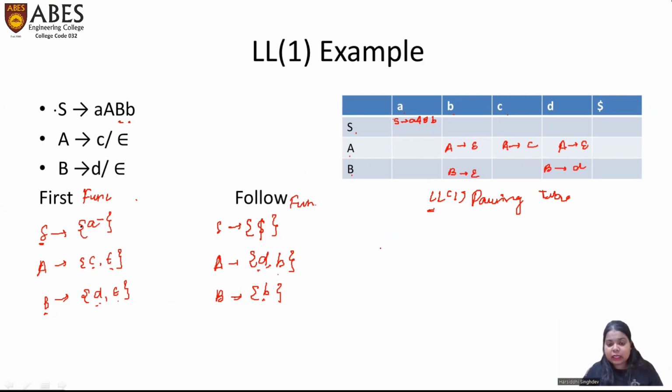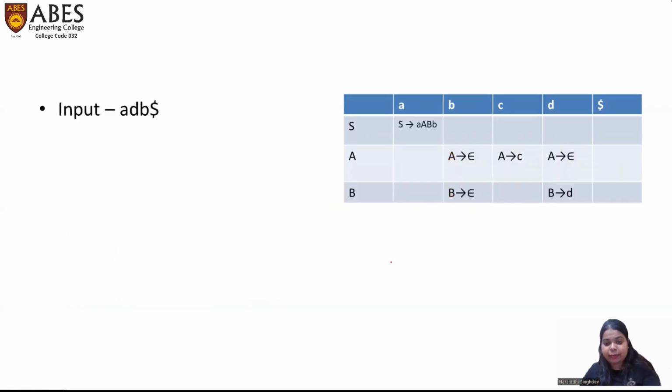So now we can check an input string, to see how the parsing table is used and how the LL1 parser is going to accept or reject it. For example, this is our input, small a followed by small d, d and dollar. This is the LL1 parsing table which we recently constructed.